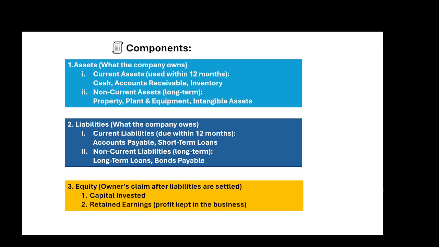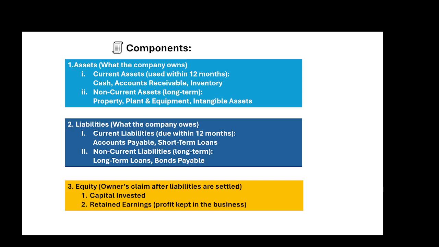Your non-current assets are long-term assets, like fixed assets, your property, building, and equipment. Also intangible assets, like goodwill, or maybe a software you built for your company. The cost of building that software is an intangible asset. They are long-term assets, that is, more than 12 months.